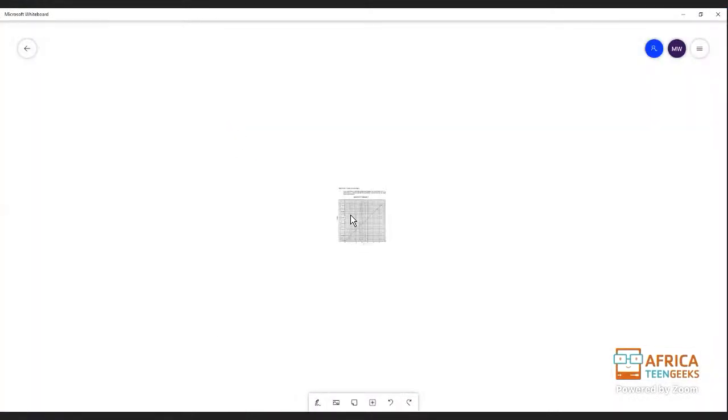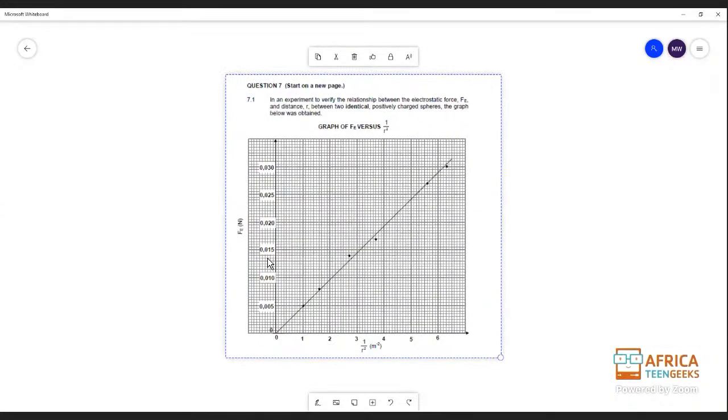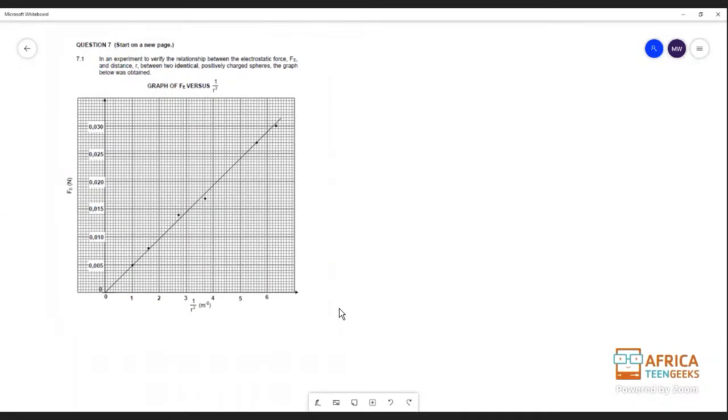And so I'm going to use the slope because slope is equal to FE divided by 1 over r squared. And 1 over r squared will just become your electrostatic force times r squared.